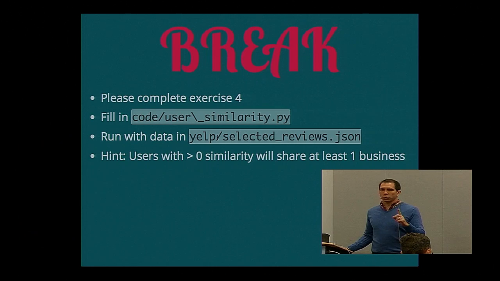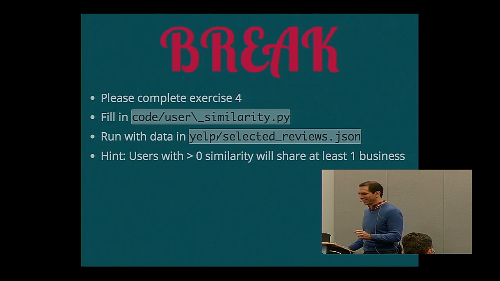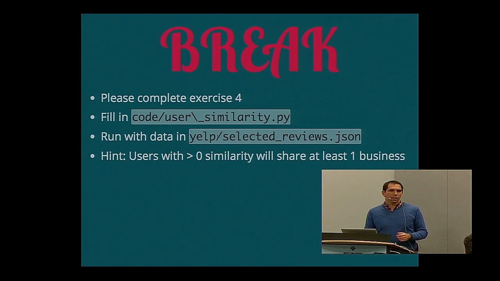So if 2 users have not reviewed the same business, we may not even need to compare them, because we know that they're going to have a Jaccard of 0. Does that make sense? As a hint? All right, so why don't we dive in, and I'll try to help out with any questions you have.